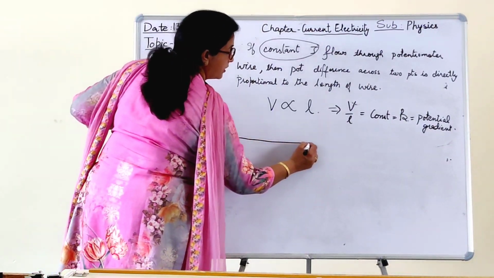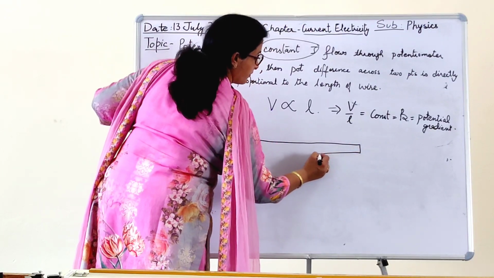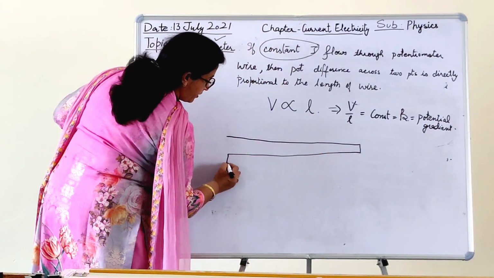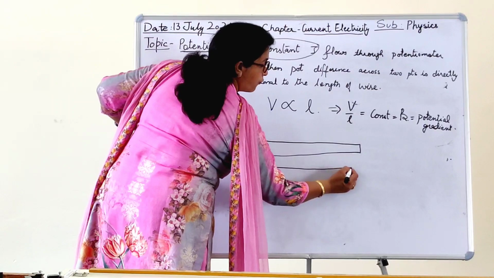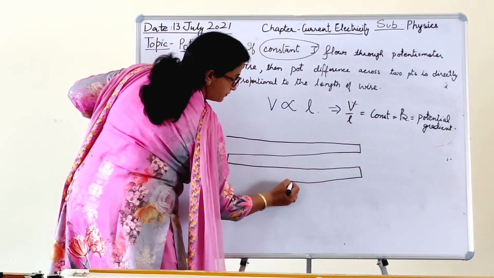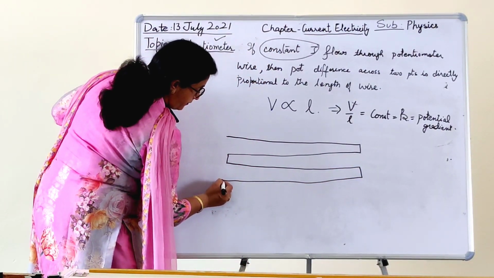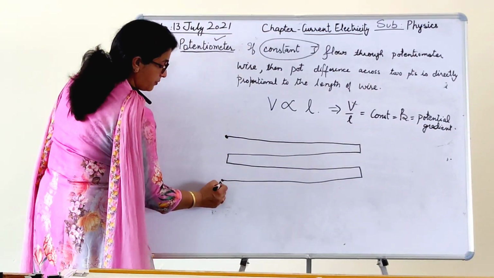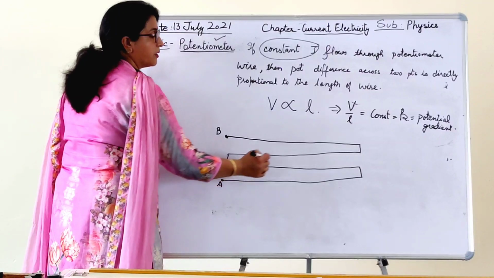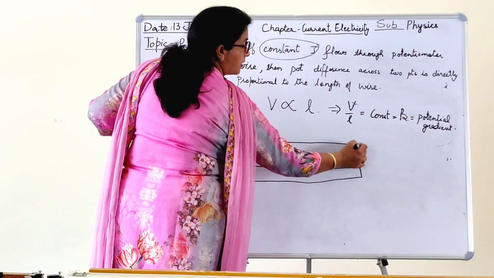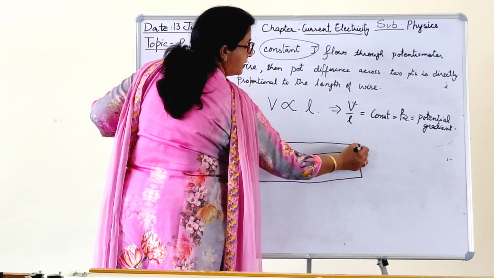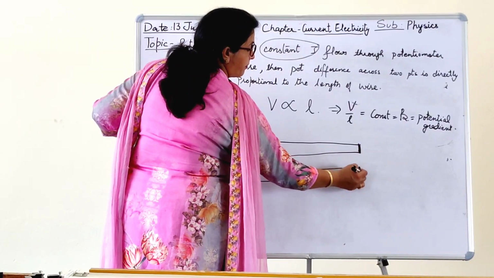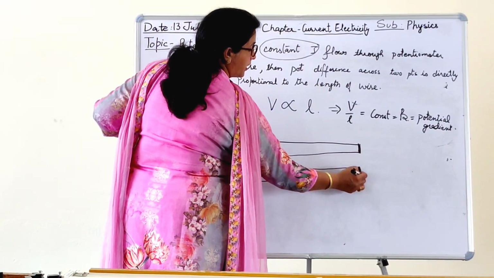Suppose now this is your potentiometer wire, 400 centimeter, fixed on the wooden box. This is terminal A, this is terminal B. These are thick metallic strips, which are meant for connection.